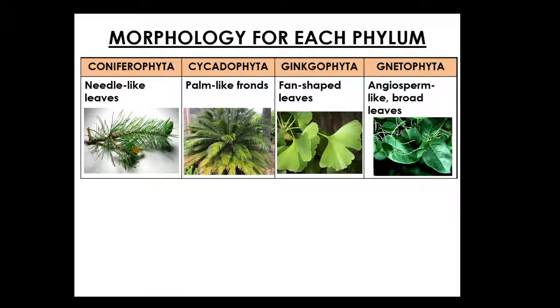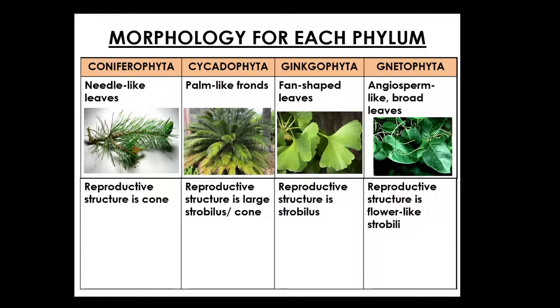Gingophyta will have fan-shaped leaves. So it's very distinctive. Look, it's cute and pretty. You can take photos under its tree because the leaves are so beautifully fan-shaped. And Gnetophyta will have leaves that look almost like angiosperm leaves. They are nice, big, and broad leaves. So very different from the needle-like and the palm-like fronds of the conifers and cycads.